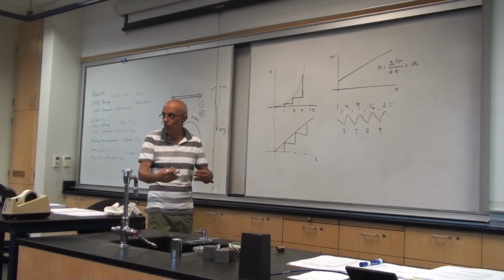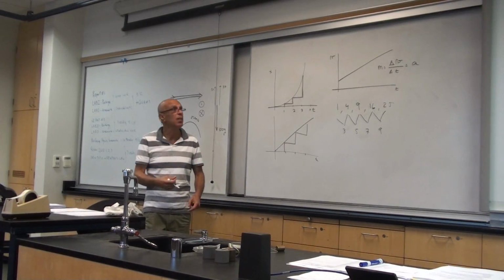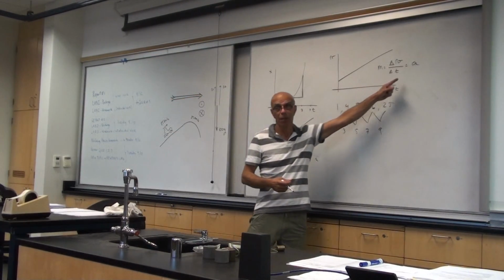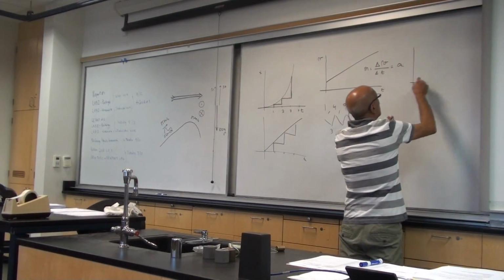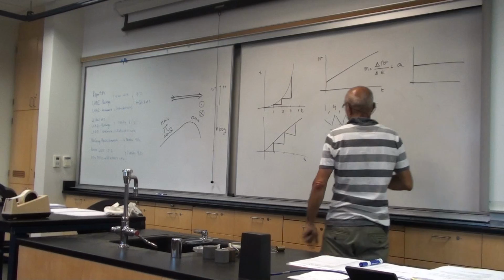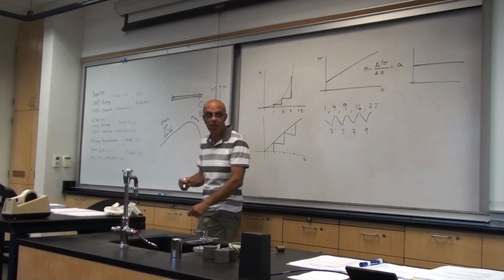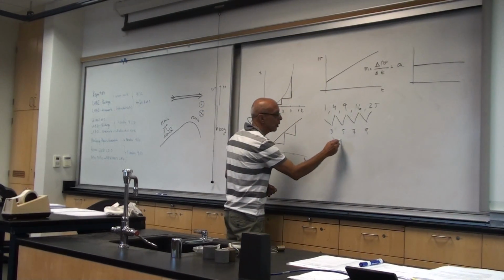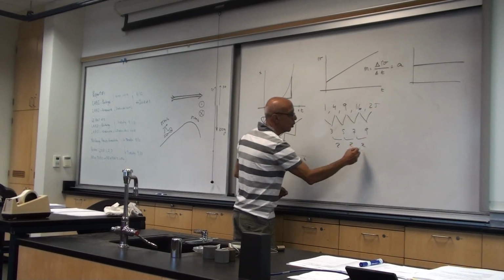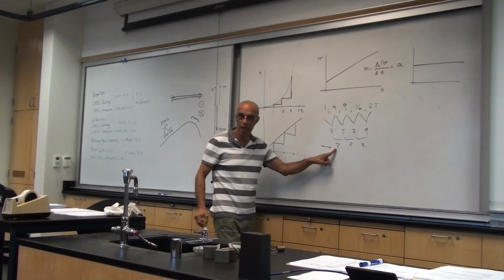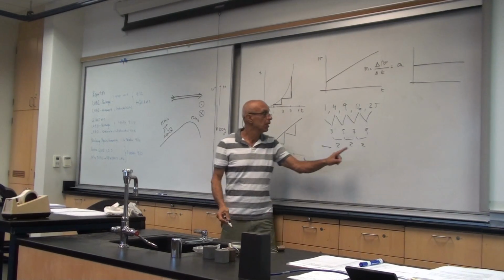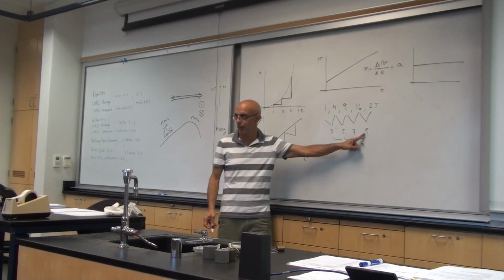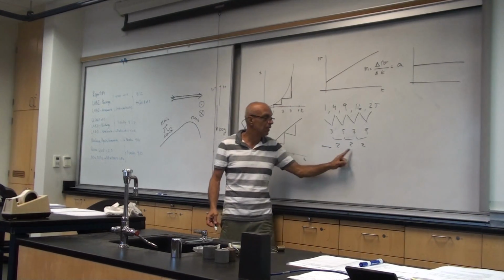How fast is the speed changing, right? That is the acceleration. And the acceleration is constant, right? The rate of change here is 2, 2, 2. So this is constant. This is increasing gradually with time. And this here now is constant.